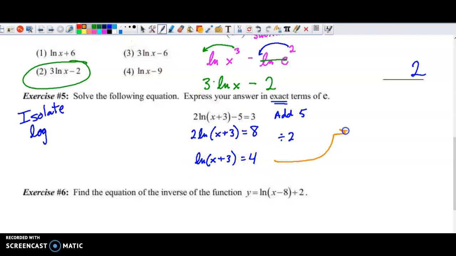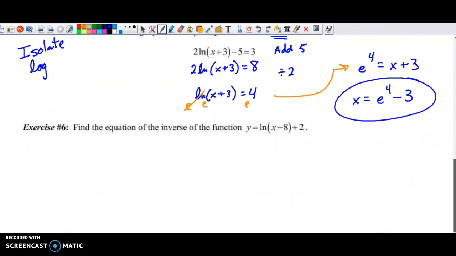Let me just write this over here. That, remember, the implied base is e. Now, technically what I'm doing is I'm taking e to both sides to undo that. So in exponential form, it's e to the 4th power is equal to x plus 3. So my final answer, now that the log is gone and we got rid of it, is e to the 4th minus 3 to move that 3 to the other side.